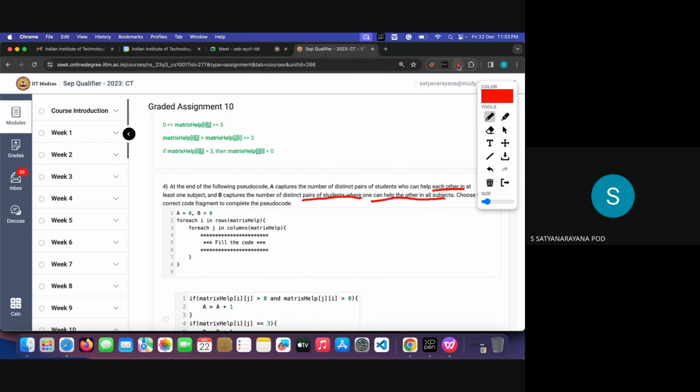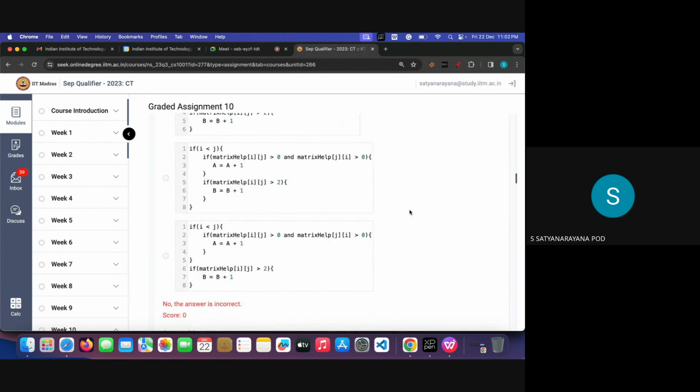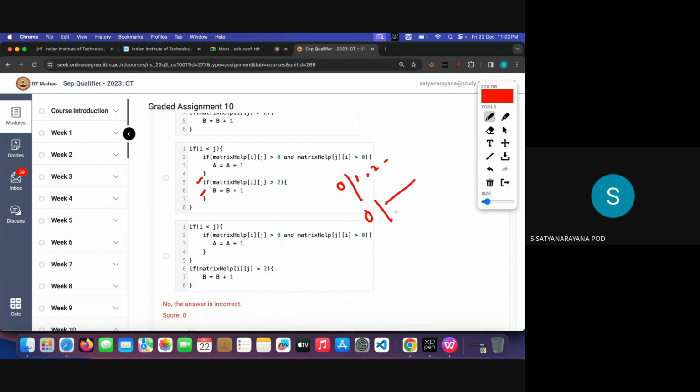That's the reason: if you put this if condition inside, the issue is that I less than J means it is checking the 0th student with 1, 2, 3, in terms of 1 to 0, 0 to 1, 0 to 2, 2 to 0. But in this case I have to check whether 0 is helping the others or not, whether 1 is helping the others or not, whether 2 is helping the others or not. Is it clear? That's the reason they put this if condition outside.